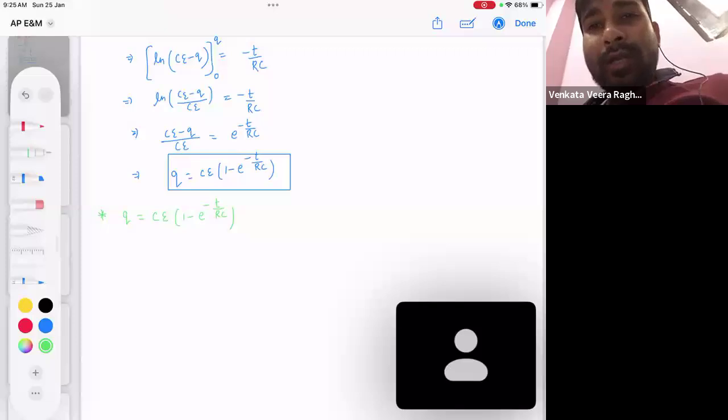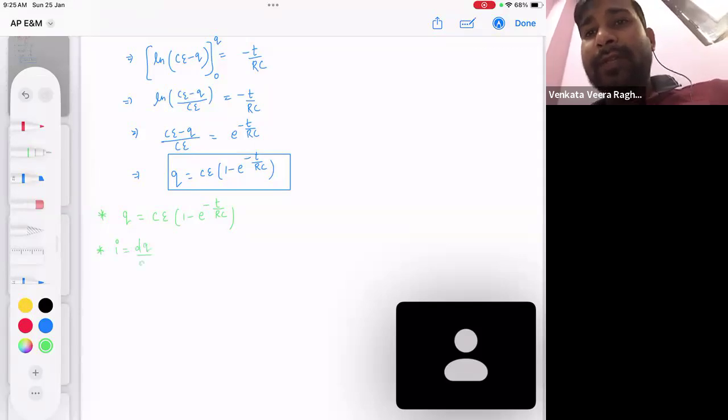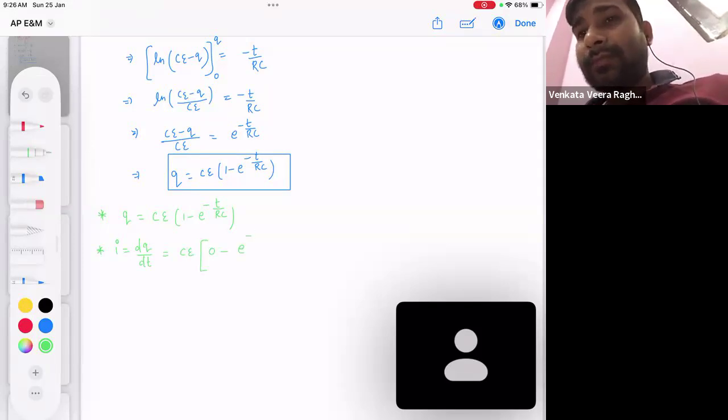What will be the current as a function of time? If you want to know the current, you will differentiate it with respect to time. C is constant, the differentiation of 1 is 0, minus e to the power minus t by RC, and differentiating the exponent one more time, minus 1 by RC will come.